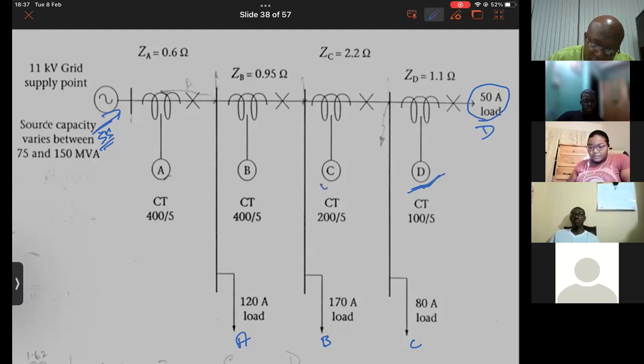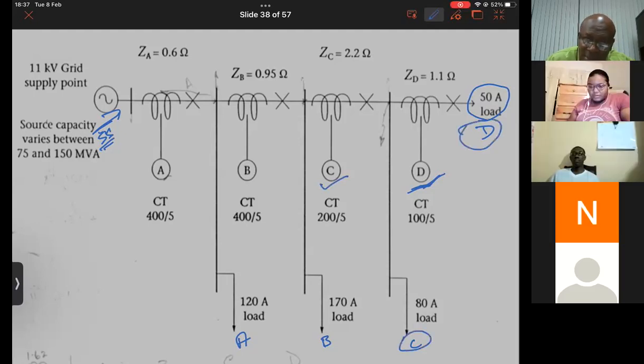For C, it must carry C and D as maximum load. So it must carry the community immediately after, and it must carry the community down the road. When we go to B, it must carry B, C, and D. So we have 130 plus 170 to give us 300.